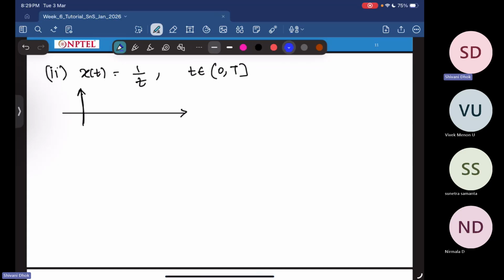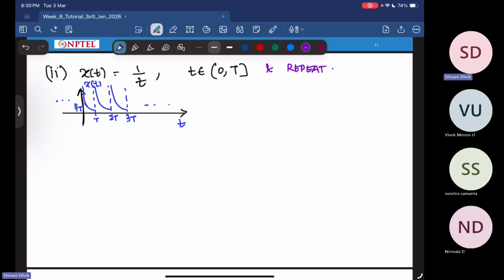So it starts with almost infinity and it goes to 1 by t, here T, then it repeats at 2T, 3T and so on. So this is how this signal looks. It repeats on the left side as well.